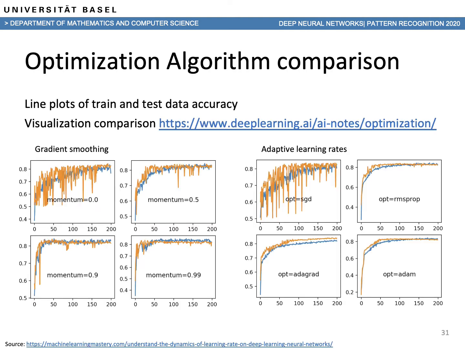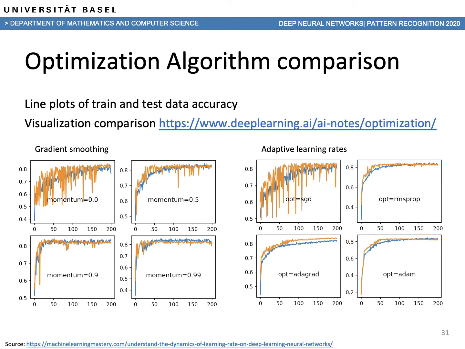Then I would again advise you to go to deeplearning.ai on their AI notes and optimization and have a look at the difference between all of these algorithms, so momentum, Adagrad, stochastic gradient descent, RMS prop, Adam, and how the training looks for different data sets, and using different hyperparameters in these optimization algorithms.